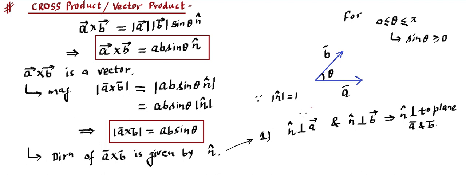Now we need to find a direction which is perpendicular to vector A. If somebody asks how many directions exist perpendicular to vector A, you will find this is a direction which is perpendicular to A. You can also say this is a direction which is perpendicular to vector A. That means they are at 90 degrees.